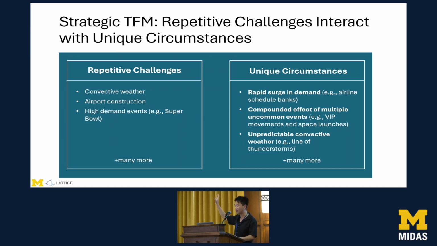Repetitive challenges could be bad weather around New York in the summer. That's pretty common. A unique circumstance might be, today there's a Super Bowl going on, so there are demand patterns we're not used to seeing. There's a presidential movement, so maybe the president's flying somewhere and there's a temporary flight restriction where the president is. Maybe there's a space launch, so there are additional restrictions around the Florida coast or wherever they're launching.